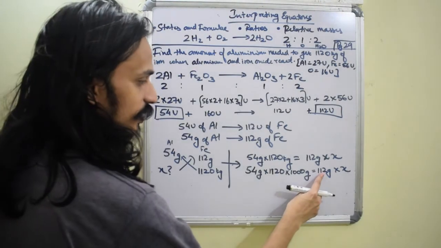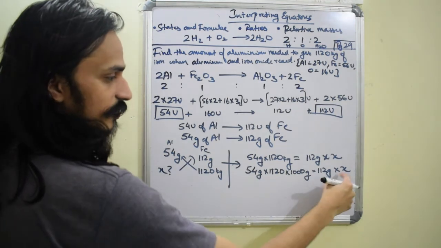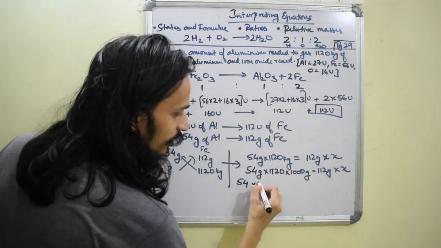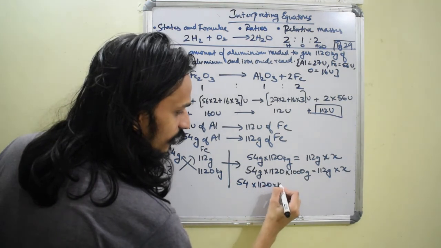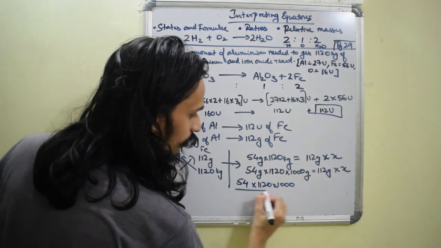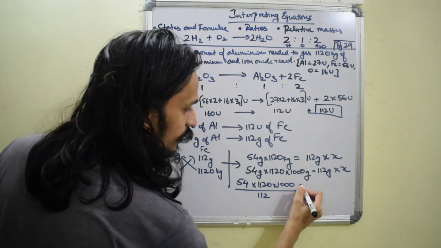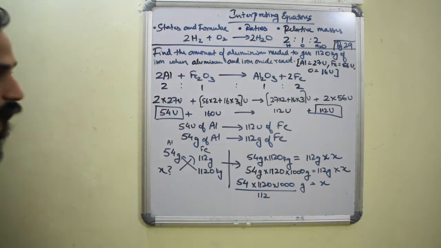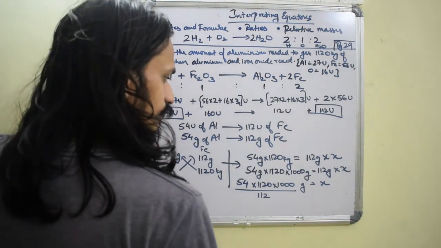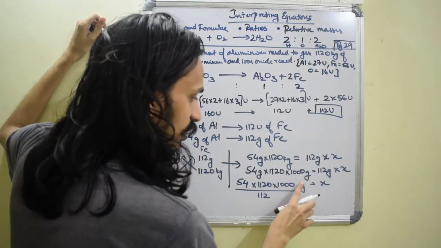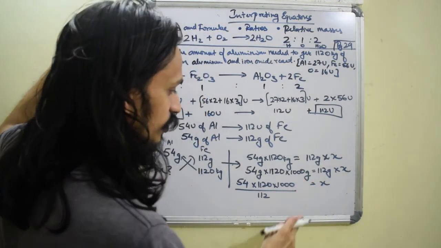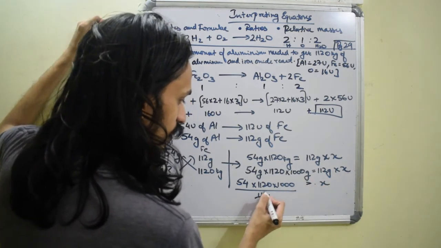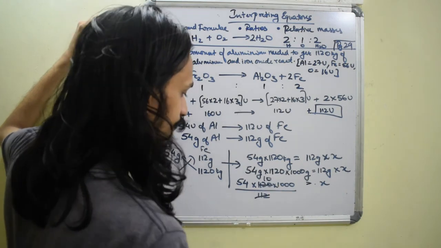Now I am going to bring this 112 grams on this side by cross multiplying, leave x over there. So 54 into 1120 into 1000 whole by 112, all of this is grams, is nothing but x. This grams is the unit, so right now I am going to remove the unit to make calculation easy. You can simplify, 112 tens are 1120.